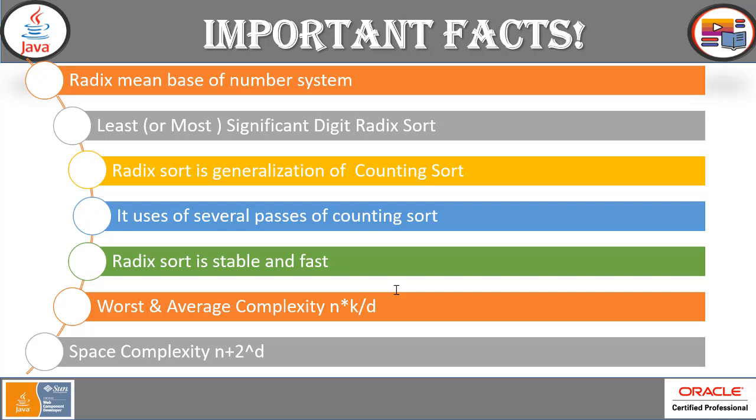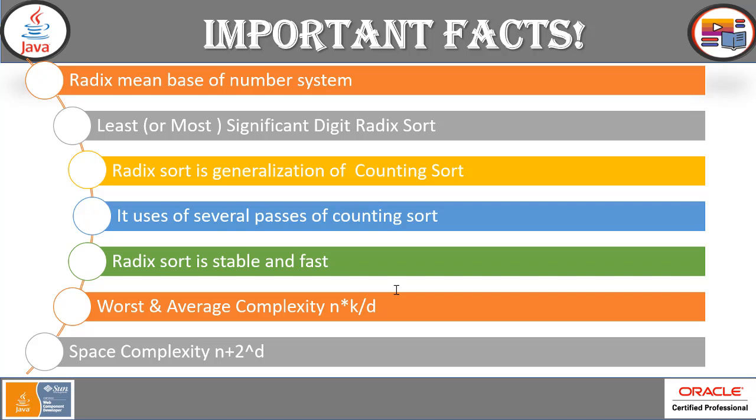Radix sort is stable and fast, so if we have a large number of digits or data that needs to be sorted fast and stable, then we'll go with Radix sort. Worst and average complexity are the same, n multiplied by k by d. That means n is the number of numbers in a list, k is the probability, and d is the number of passes we need.